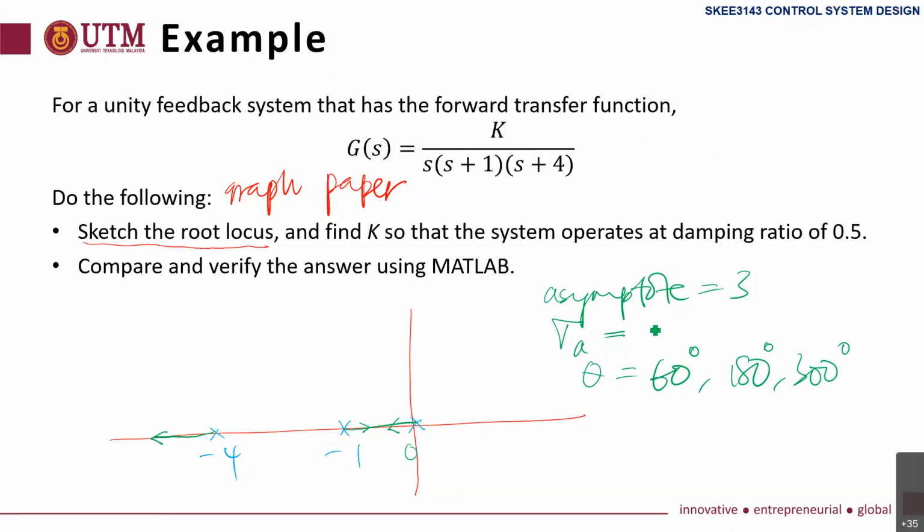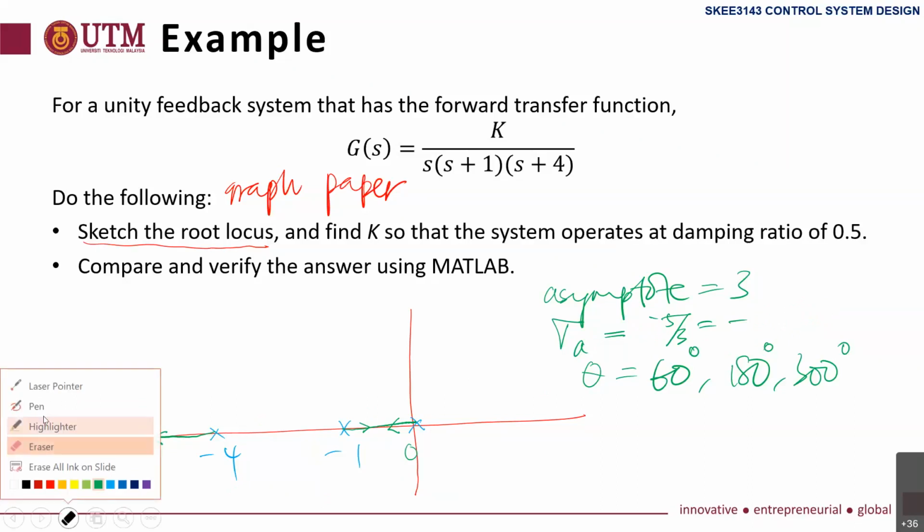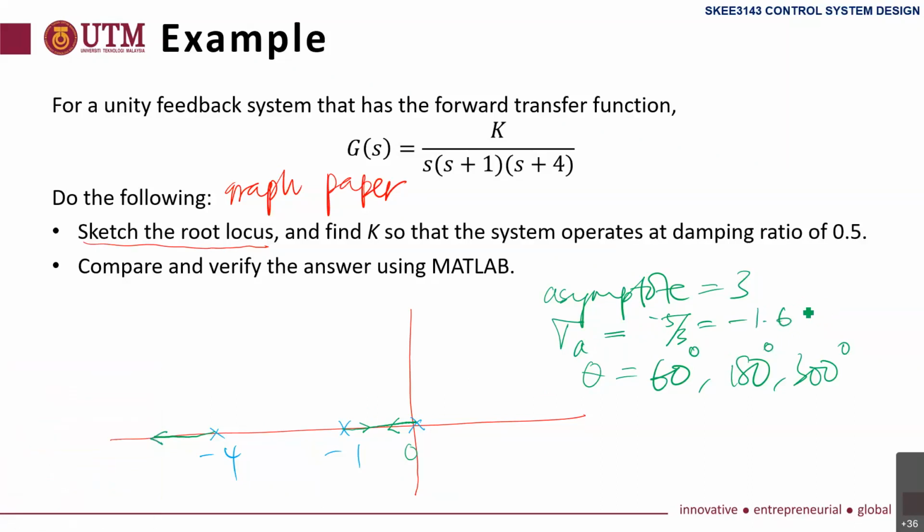The real axis intercept is -5/3, that is, -1.67, sorry. So the intercept is here, and the asymptote angles are 60 degrees, 300 degrees, and then 180 degrees.